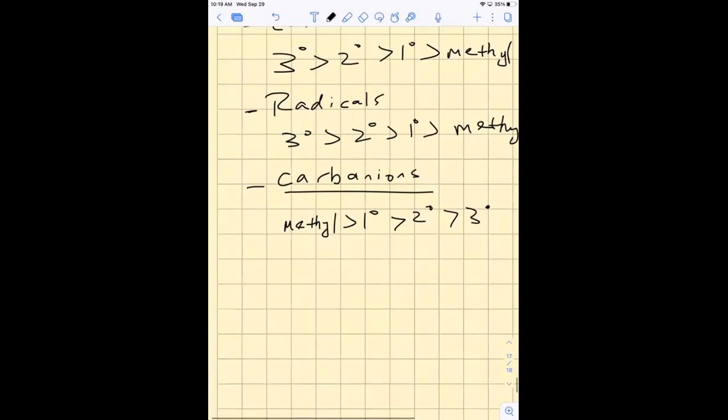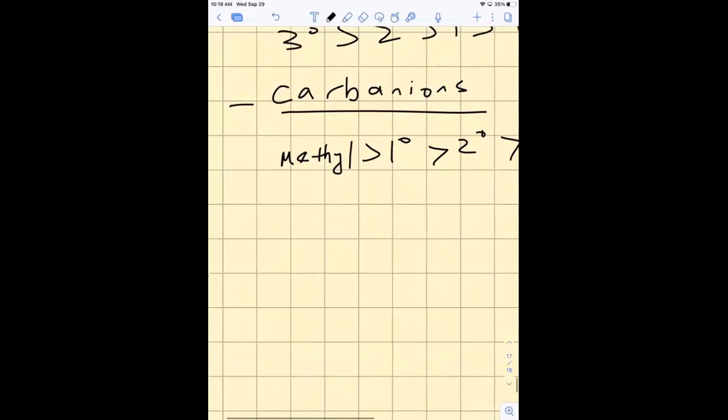So the same thing that stabilizes, let's take a tertiary carbocation. 3 bonds to carbon.